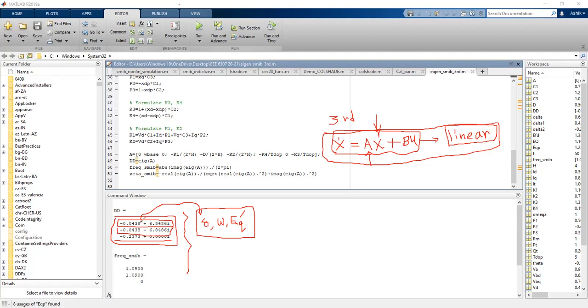We don't know whether the first one is associated with delta, or the second one, or the third one. Similarly, we don't know which of these omega is linked with, and what is the amount of linking. Eq dash is linked with which one of these three, and what is the amount of linking. This is known as the participation.